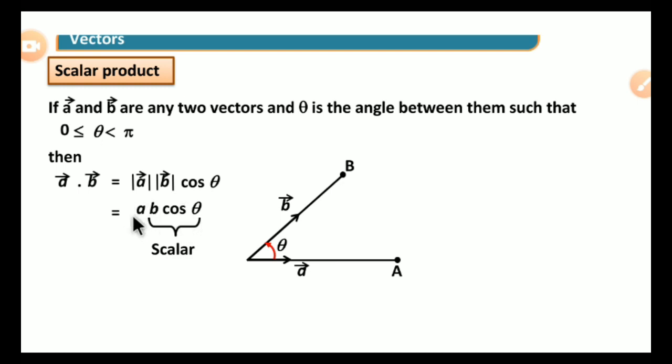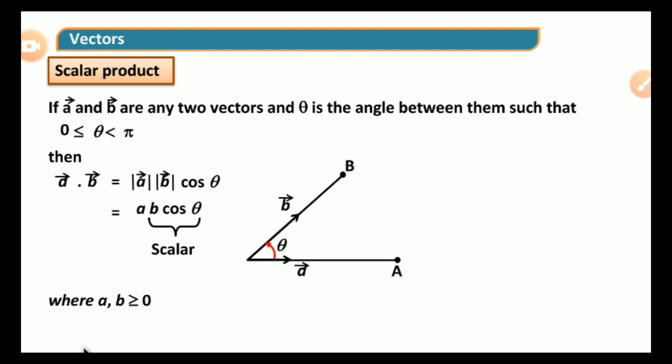So the total product gives a scalar quantity, where A and B are both greater than or equal to 0, because both are magnitudes of vectors A and B.